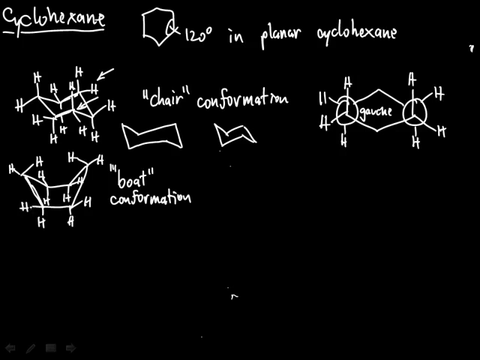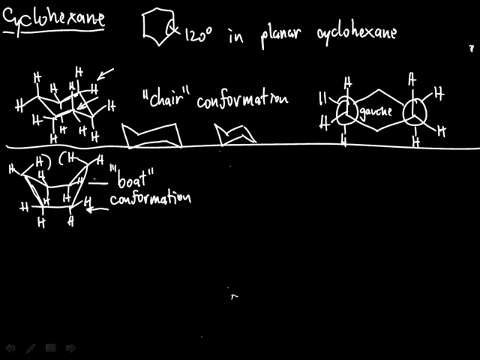The first thing that is apparent in the boat conformation is that these two hydrogens are relatively close to each other. That introduces some strain in the molecule, but the more important source of strain will be apparent when you draw the Newman projection along these two lines. On the front carbons, we will see something that looks like this.